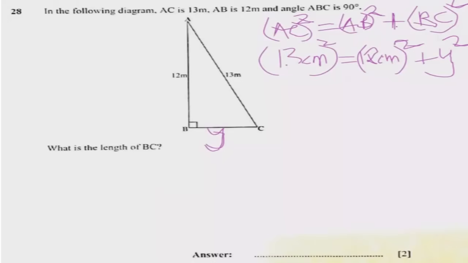Next, we find the square of 13. We can just say 13 times 13. I'm doing this in case you have not mastered the square number of 13, which is 3 times 3 will give us 9.